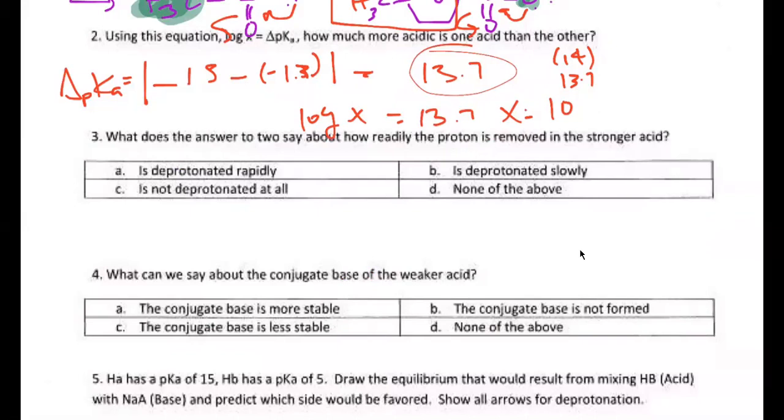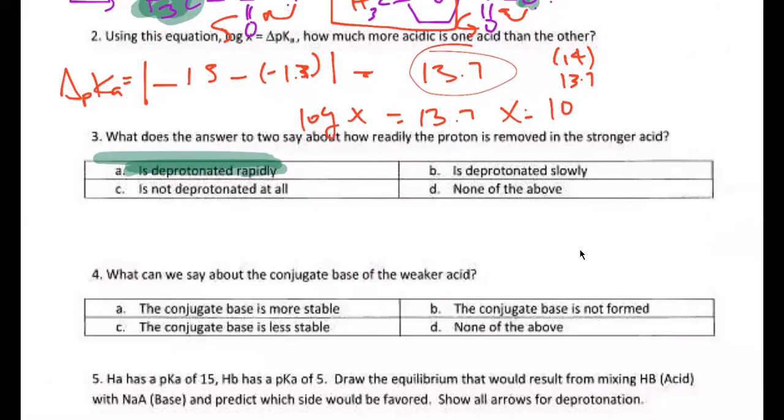It is rapidly deprotonated. That's exactly right. What's another way to say it? A strong acid, in terms of its conjugate base, has a stable or unstable conjugate base? Stable conjugate base. Good.